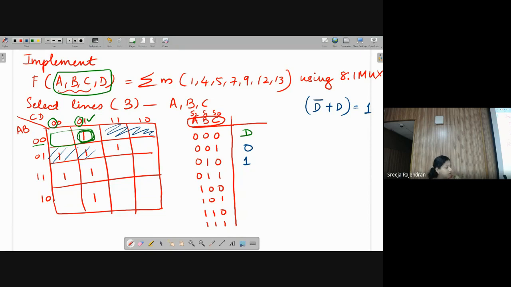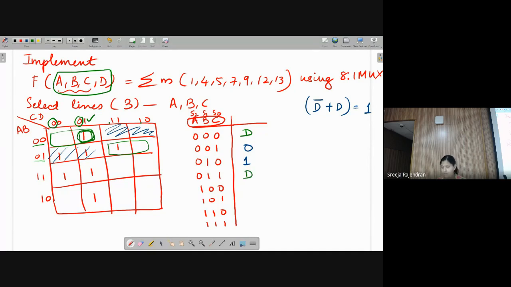Now, next case 011. These two are 011, yes or no? AB is 01, C is 1. In that only one has a true minterm, and there the value of D is 1.